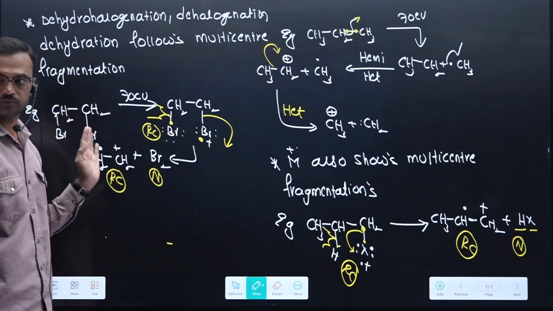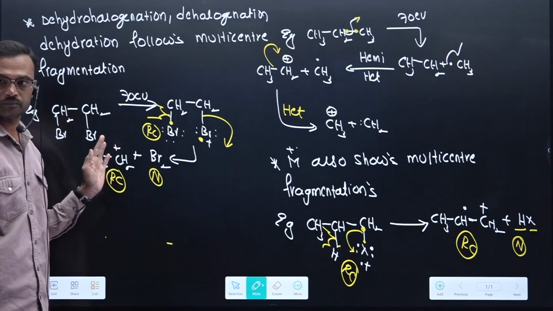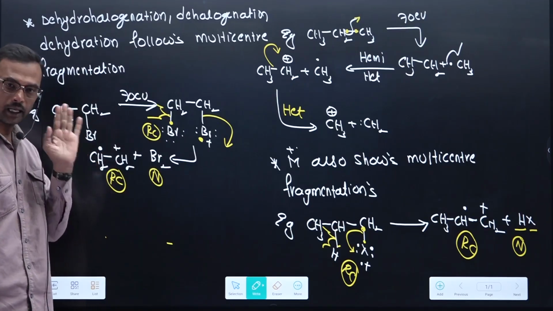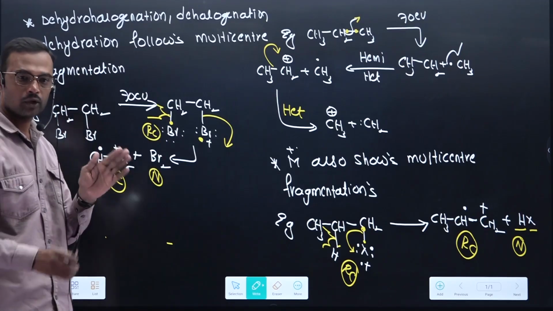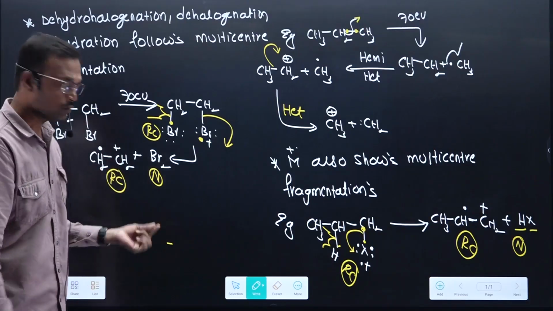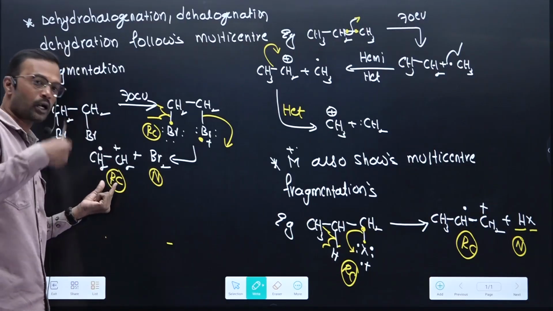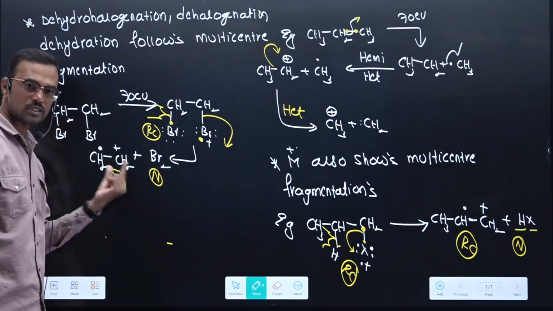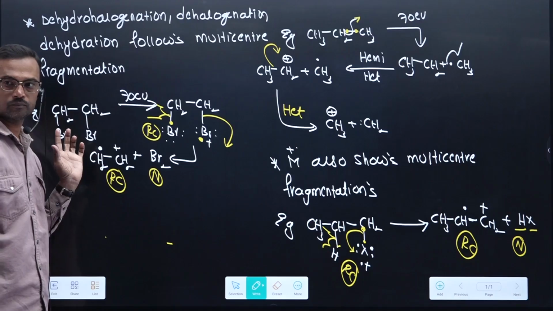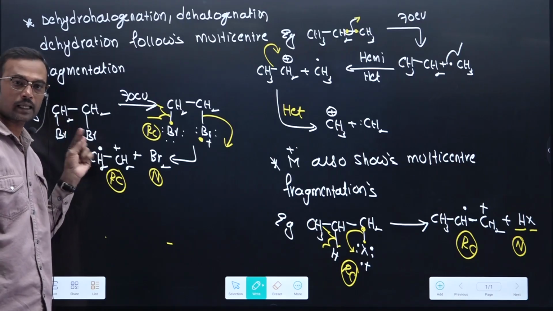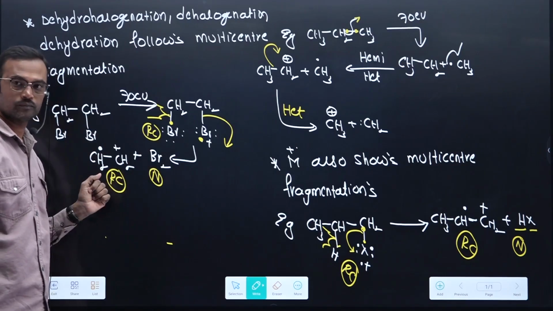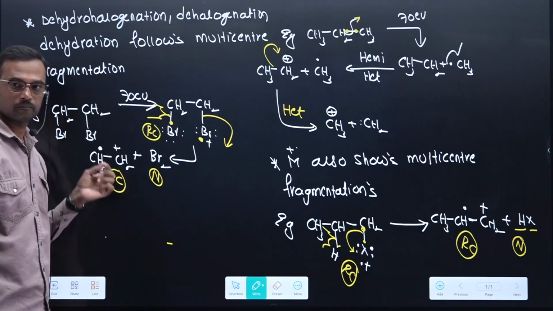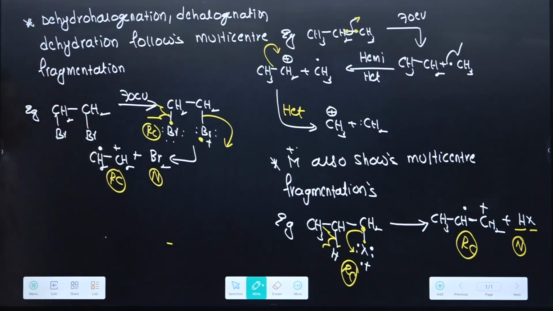This is one rule, remember this point. If you take any radical cation, it gives a fragment in such a way that it removes one neutral and gives one more, a new radical cation. This fragmentation is acceptable anywhere. This is called the radical cation rule. Clear? RC is nothing but radical cation.